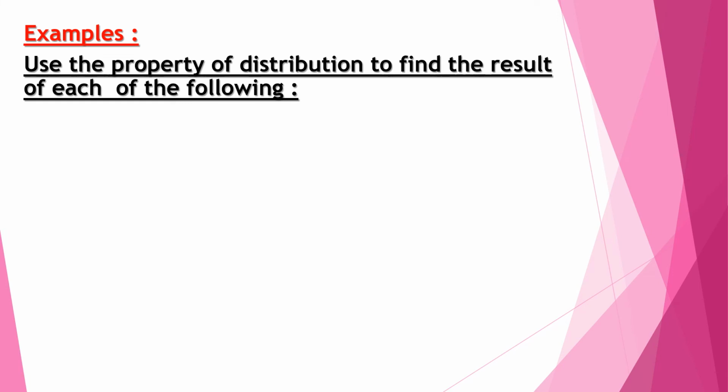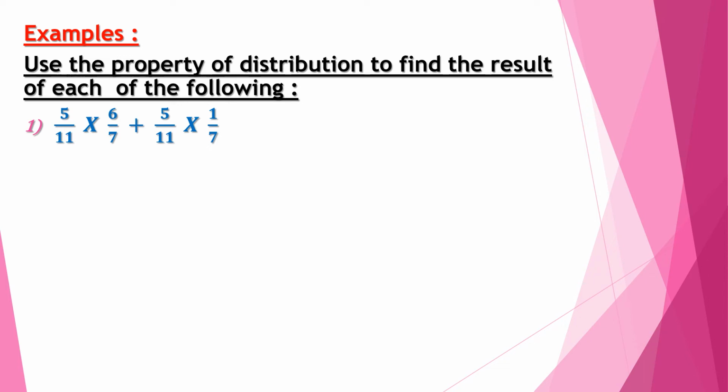Now let's have some examples. Use the property of distribution to find the result of each of the following. 5 over 11 times 6 over 7 plus 5 over 11 times 1 over 7.